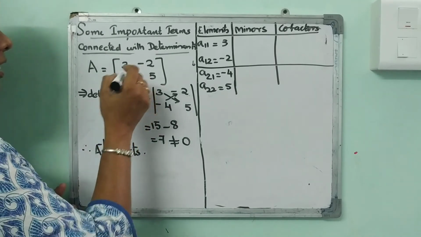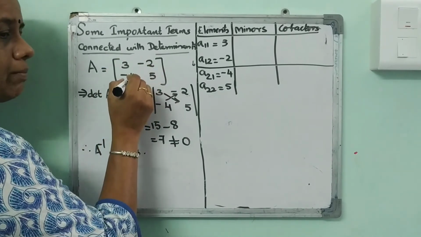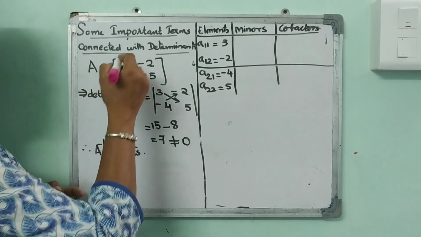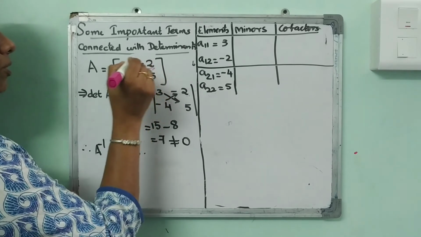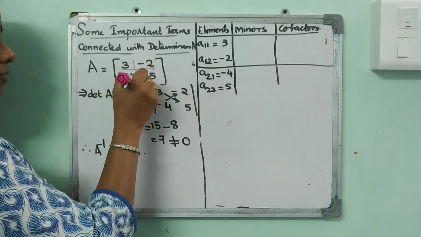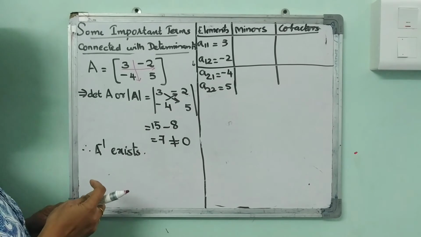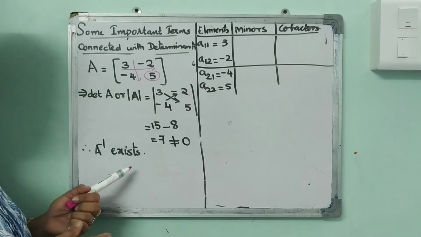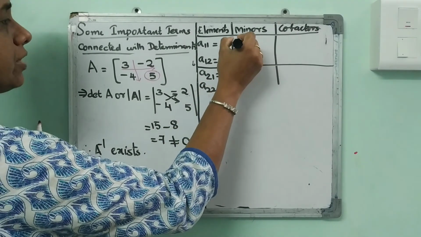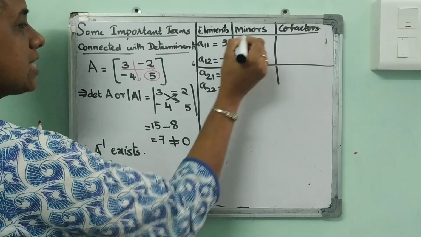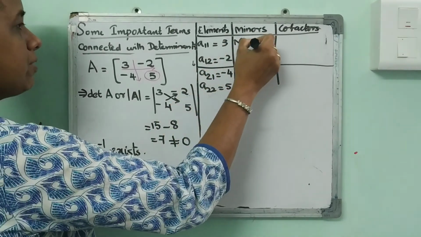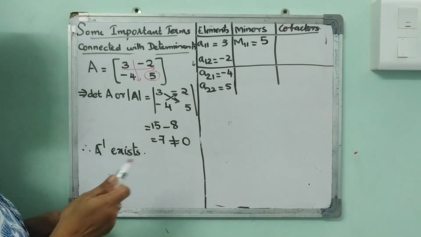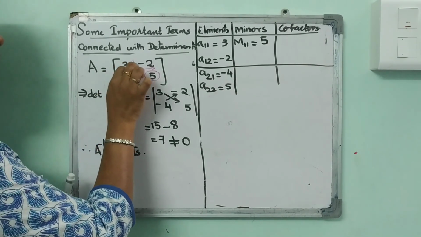Deleting this row, because 3 lies in the first row, and deleting the first column, what is the remaining element you have here? The element is equal to 5. Okay, so that will be the minor for the corresponding element, which I will denote as M11. So M11 is equal to 5. Okay, now do the same process for all the other elements also.